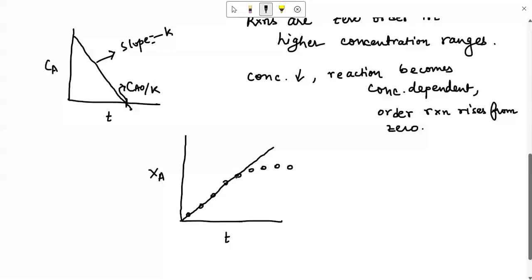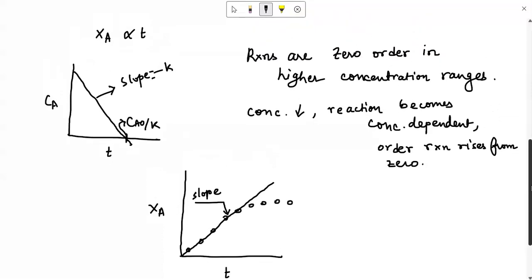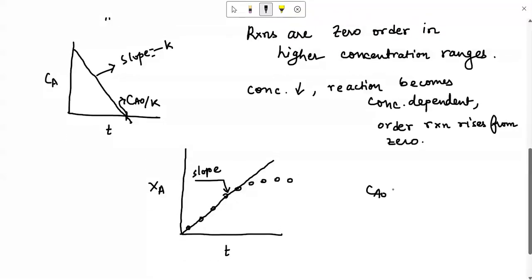Till the point that the concentration is not lowered enough, you will observe zero order reaction, and we already know CA0 XA equals kt for our zero order rate equation. So you can simply say XA equals k/CA0 t. Therefore the slope becomes k/CA0.